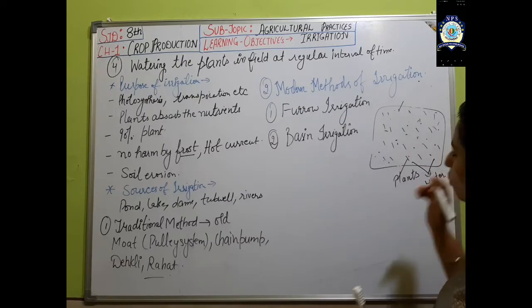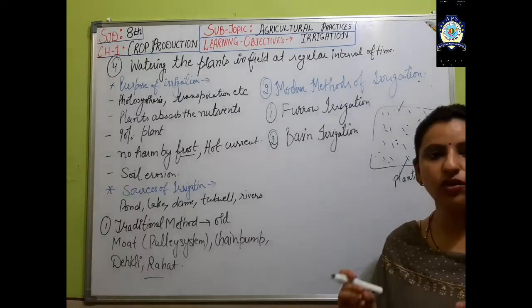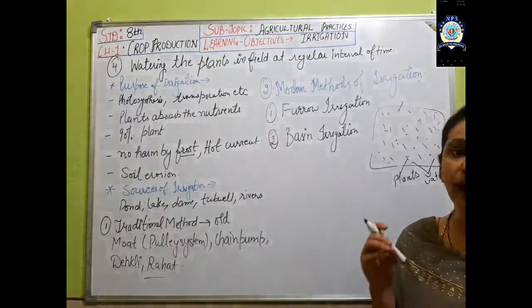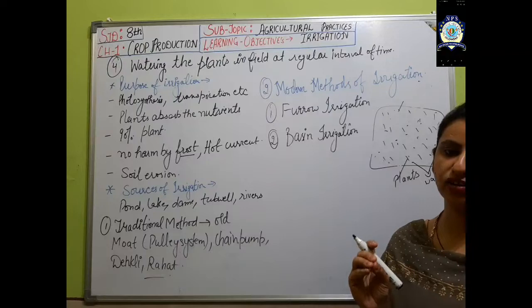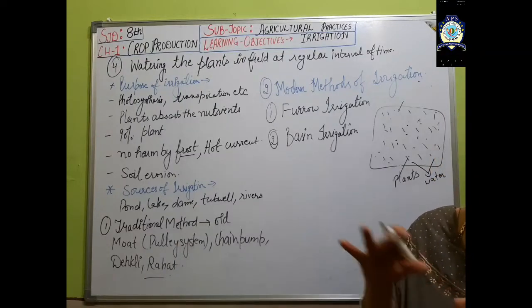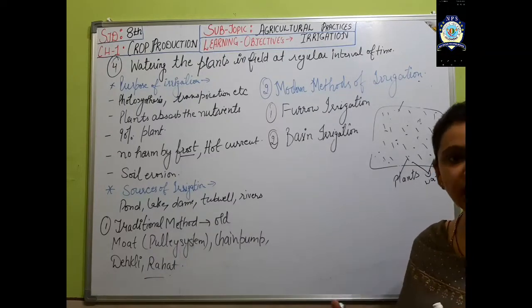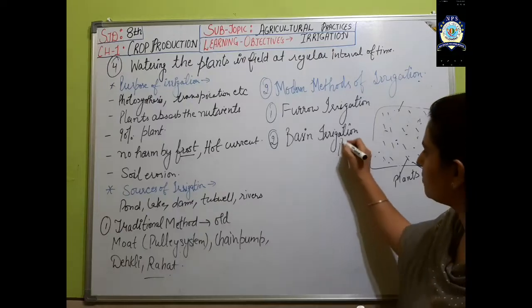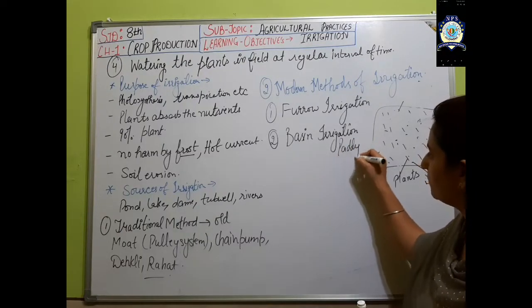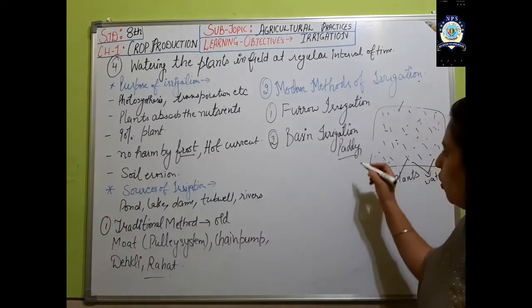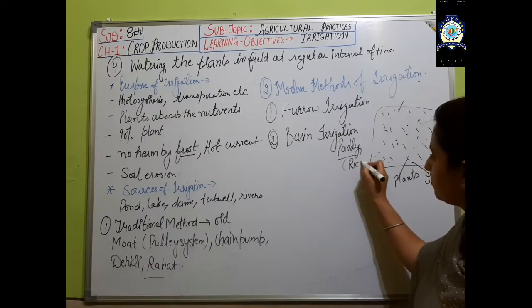Okay, so all over the field is filled with the water, and we are planting the small plantlets into the land which is full of water, and it is mainly practiced in the paddy. It is mainly practiced in the paddy for the good yield, which is also called rice.